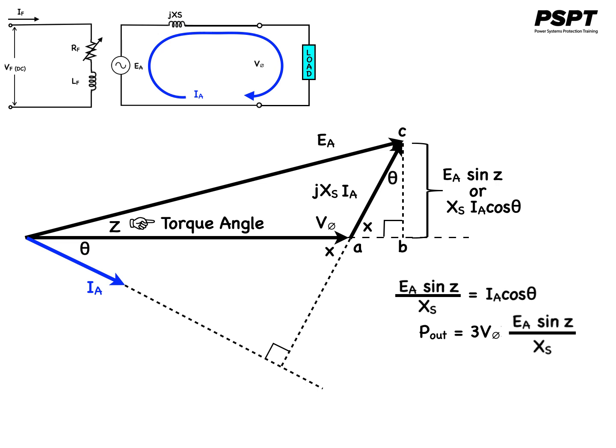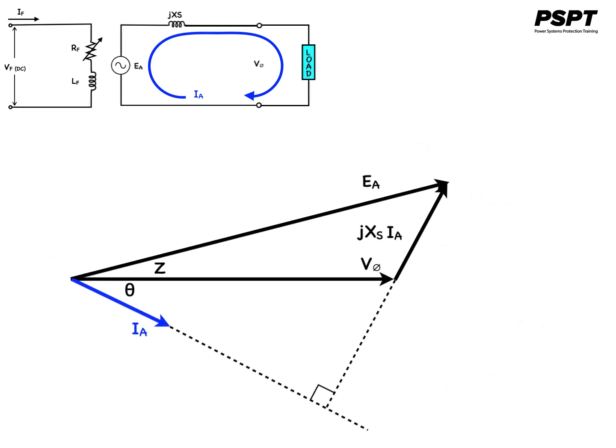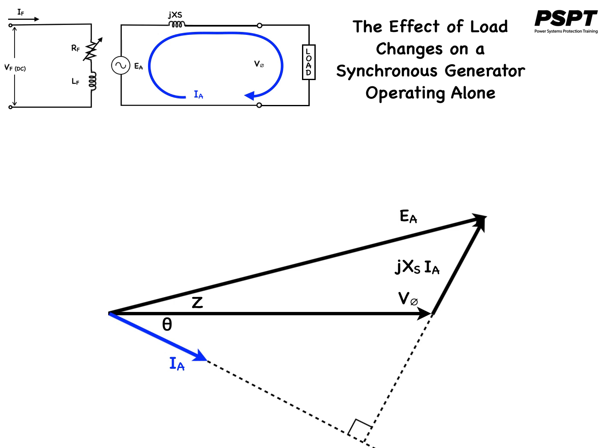The angle δ is known as the internal angle or the torque angle of the machine. The maximum power indicated by this equation is called the static stability limit of the generator. This happens when δ is equal to 90 degrees, which means sine δ is equal to 1, and P max is equal to 3 Vφ times EA all over XS.